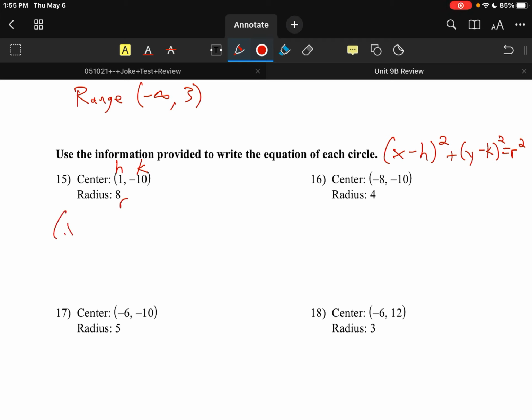So this first one, it's going to be x minus 1 squared plus y minus negative 10 squared equals 8 squared.